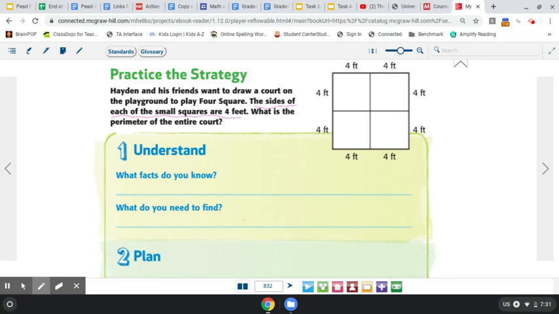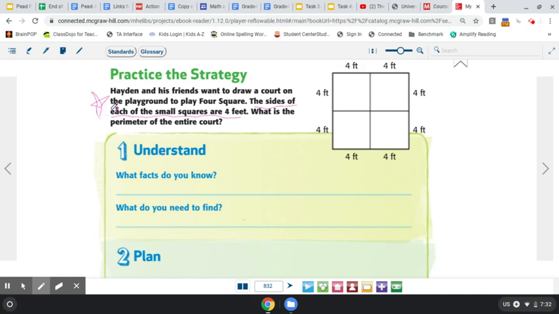I'm not going to say because we've talked about this in our math Zoom yesterday, which a few people attended, but I also talked about it in the video that I posted yesterday for math. But there's a simpler way than adding 4 plus 4 plus 4 plus 4 plus 4 plus 4 plus 4 plus 4. So think about the facts that you know. The facts that you know are here inside of the word problem.